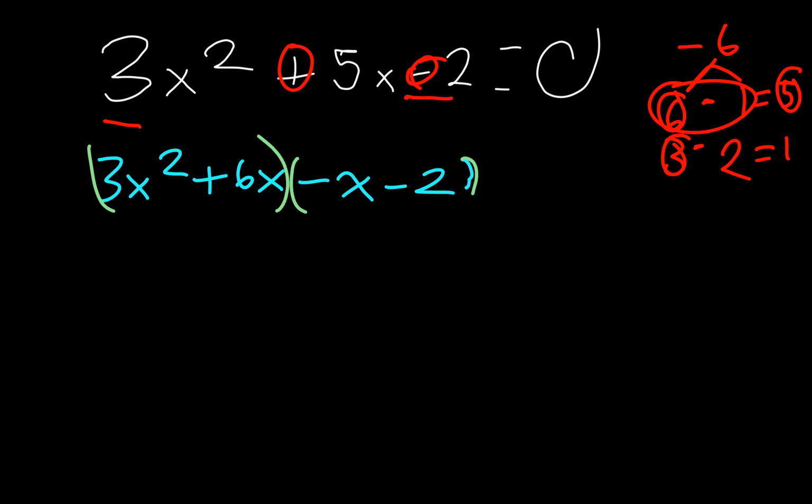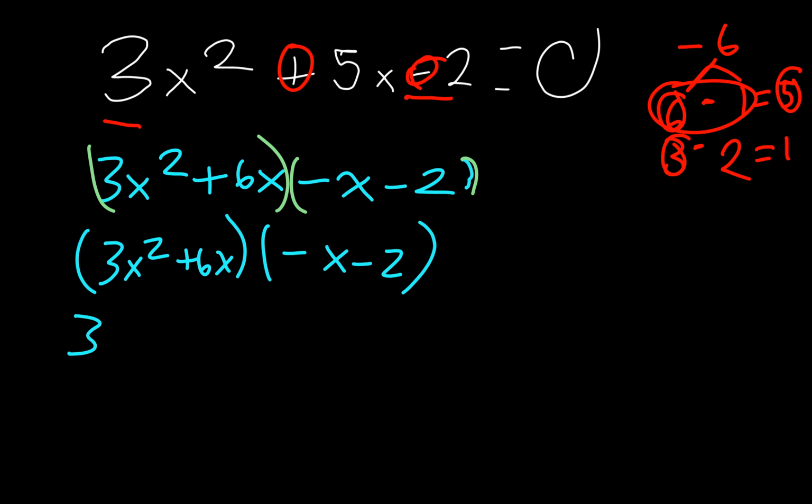And from there, we will break it up into 3x squared plus 6x and -x minus 2. What we can do is pull out a 3x from here and be left with a remainder of x plus 2. And we can pull out a -1 here and have a remainder of x plus 2. And from there, we'll have 3x minus 1 and x plus 2.